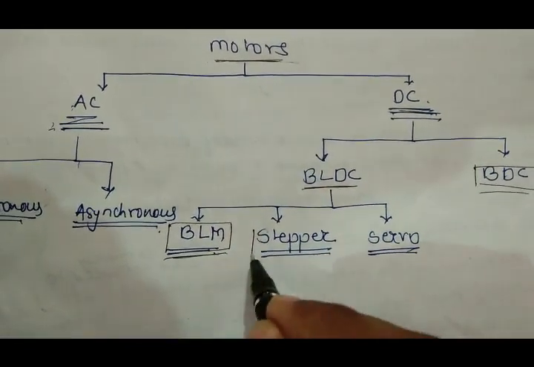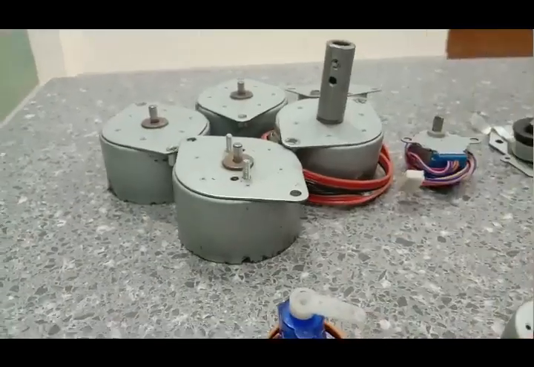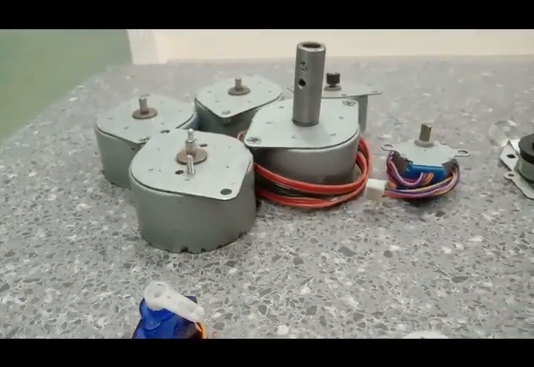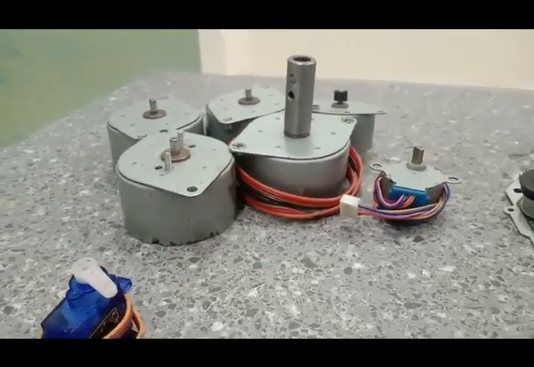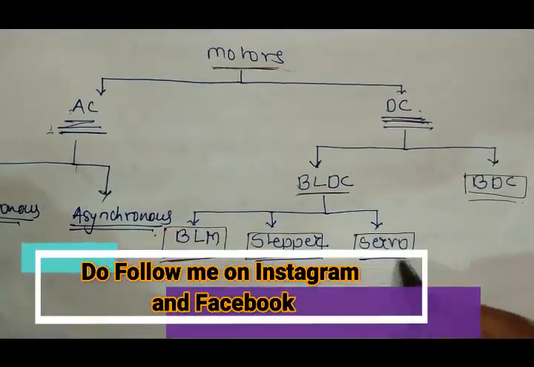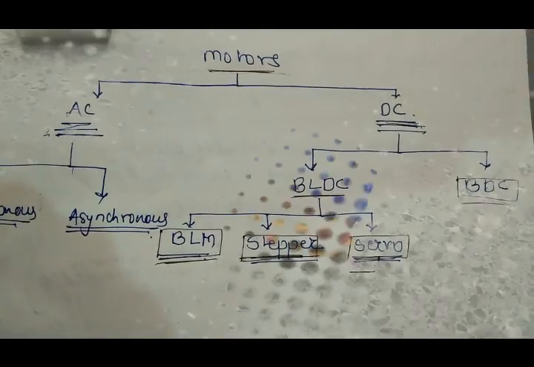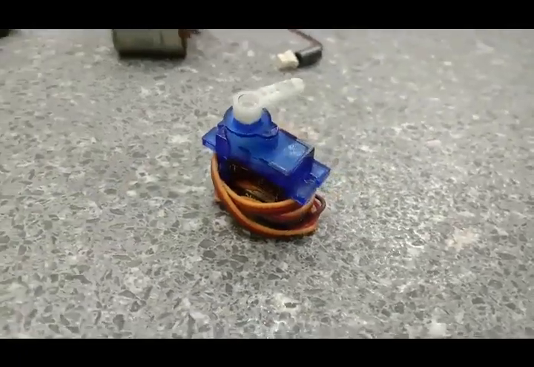The brushless DC motors are divided into two types. One is the brushless DC motor and second is the stepper motor. Stepper motors are much more precise motors which work in steps. And the third type is a very special type of motor called a servo motor. This motor is the most precise motor used in the industry today.